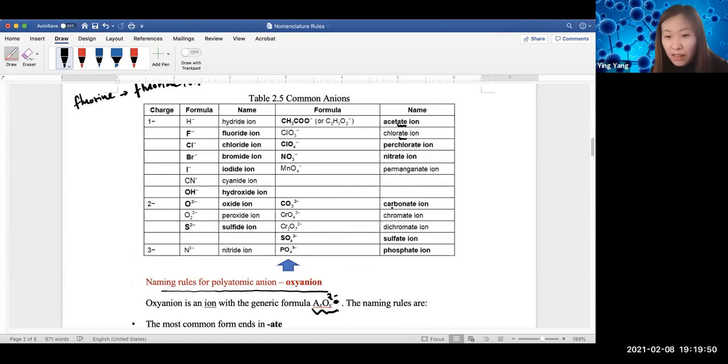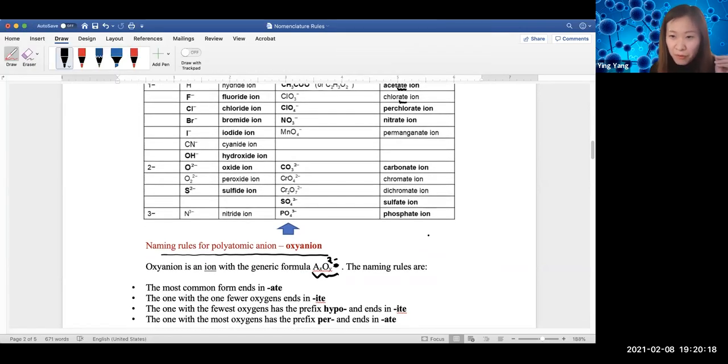Nitrate ion, carbonate ion, sulfate ion, phosphate ion. Again, they are derived from their element name. For example, P itself is phosphorus, and we change the ending to ATE, it changes to phosphate ion. Again, write it yourself for all these elements, from sulfur to sulfate ion.